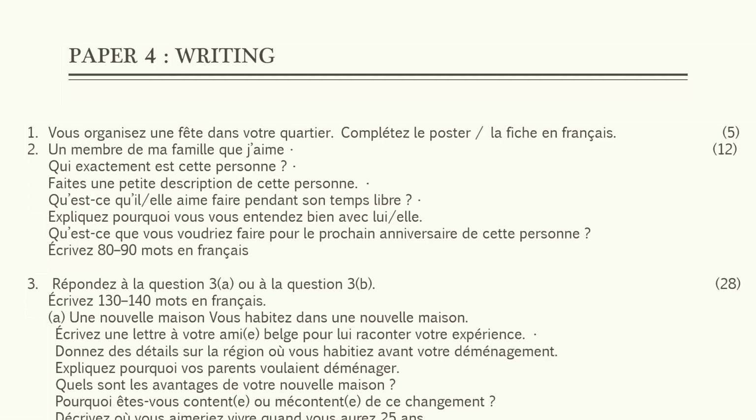Here they are testing all three tenses, past, present, and future, so in the writing they have to use the tenses properly. You can even say what you would like to do for the next birthday of this person. They have to cover all these 5 points in their answer.